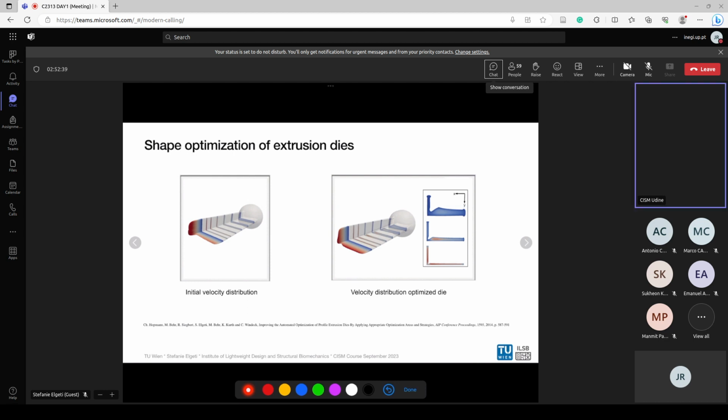So we use that for shape optimization of extrusion dies. For example, here you have the problem that you want the velocity of the melt at the outflow to be as homogeneous as possible. And here we have the velocity, and we see that for this L profile, this leg, the velocity is much higher than here.